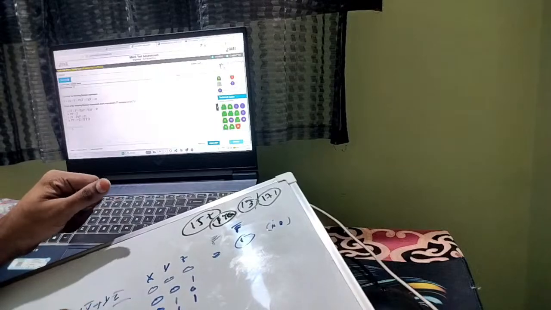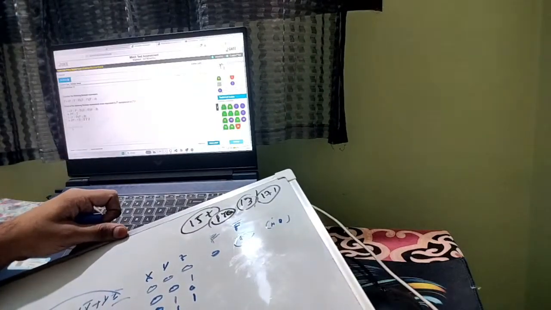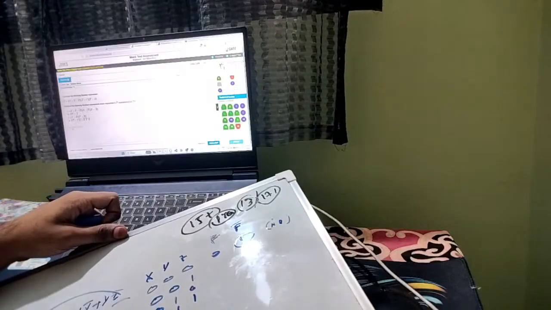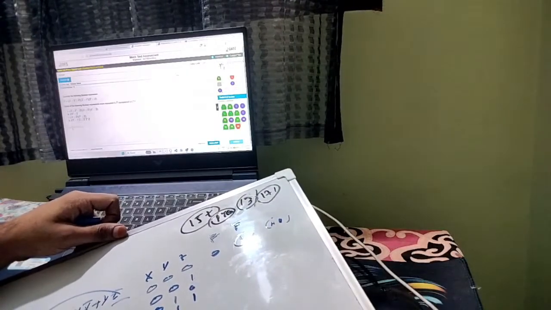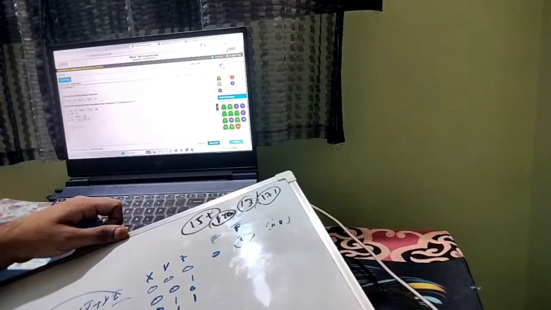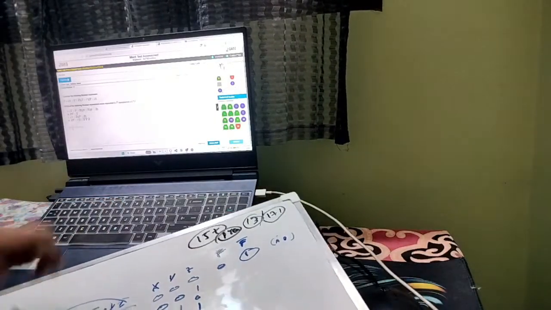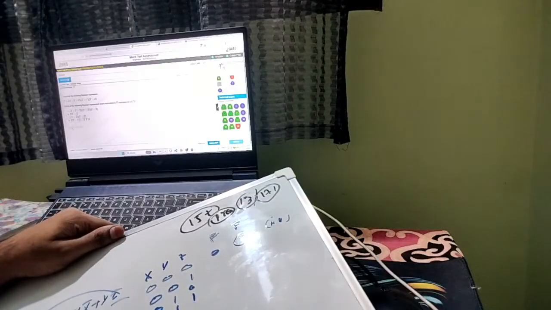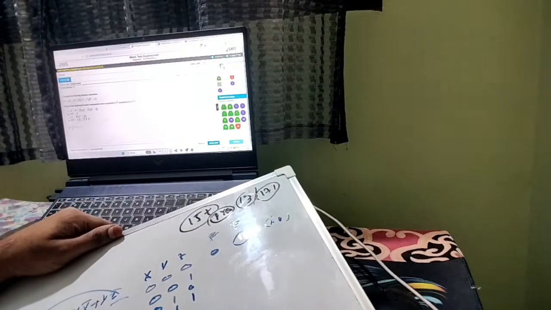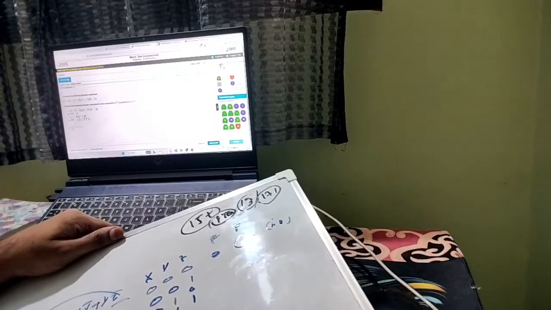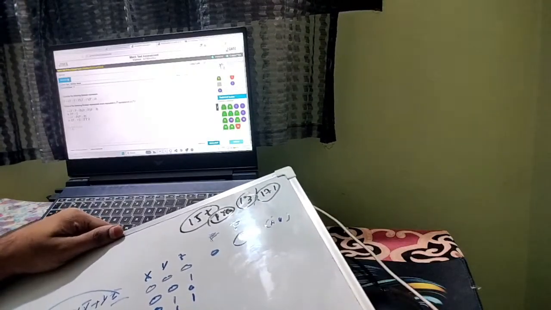If we take z bar common, it will become y plus x bar y bar. It will become y plus x bar, z bar plus x y bar.